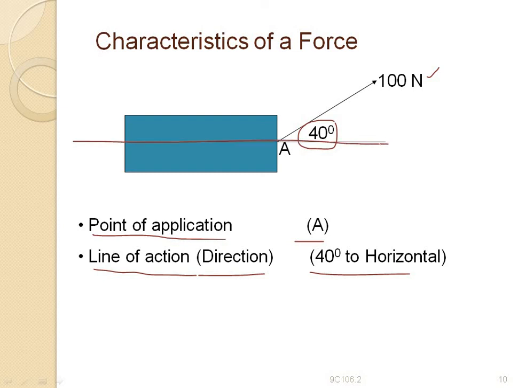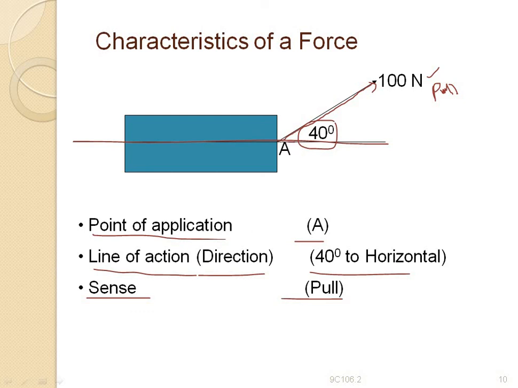So the sense is pull. What is happening here? The body is being pulled in the 100 newtons direction. So this is called sense. Whatever the load is pulling the body with 100 newtons, it is called sense.